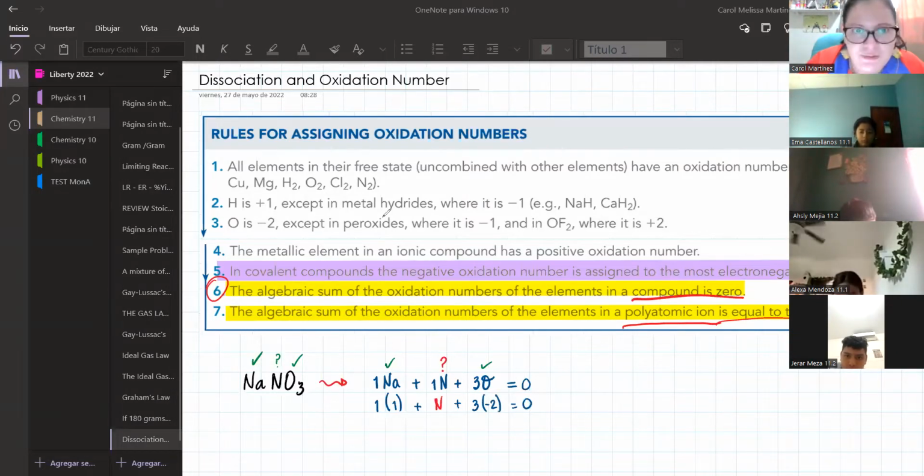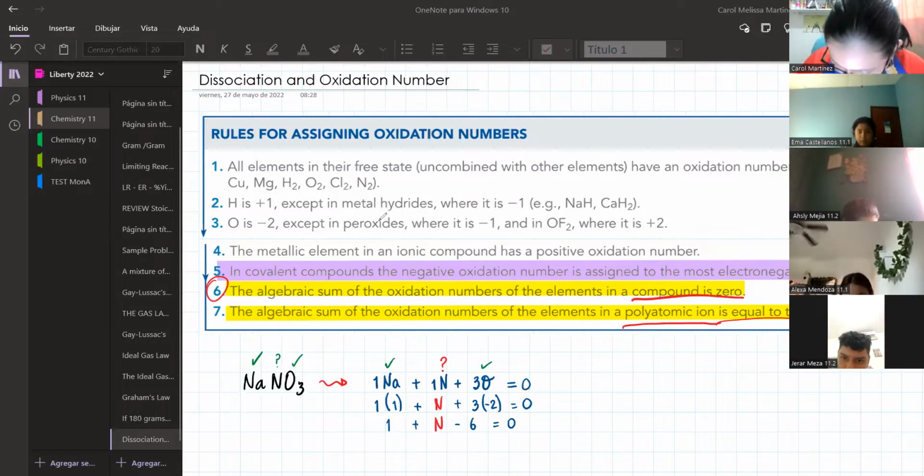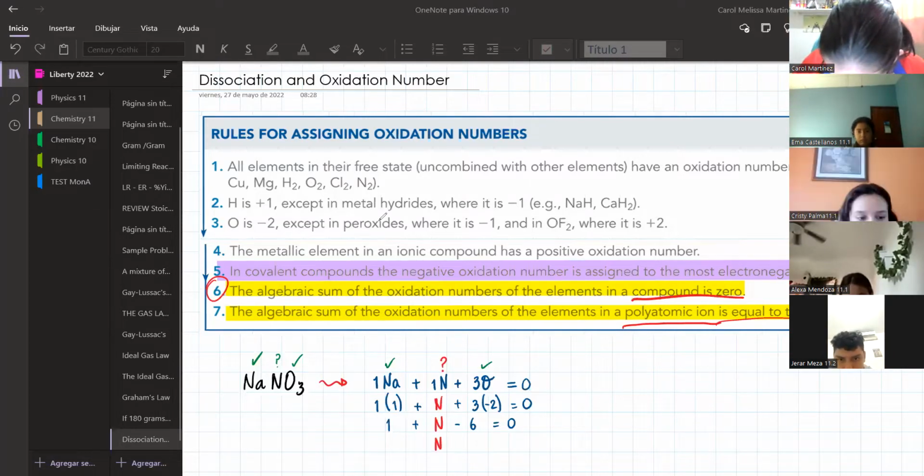So 1 times 1 is 1. 3 times -2 is going to give us -6. How much is this? -5.